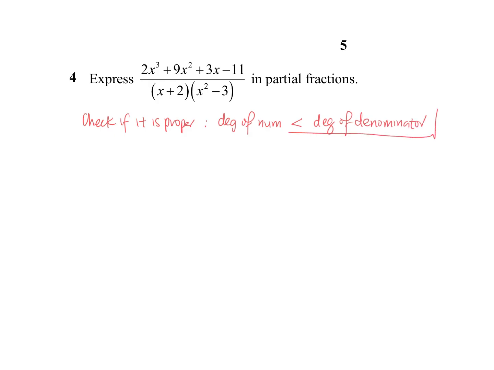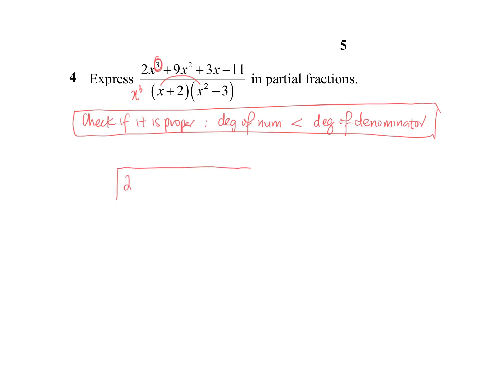Partial fraction is a question to score. You want your A's, you need to get partial fraction correct. So you see, highest degree is 3. You expand the bottom fully, it is also 3. So is this proper or improper? Improper, because it needs to be strictly smaller. So what you need to do is do your long division.